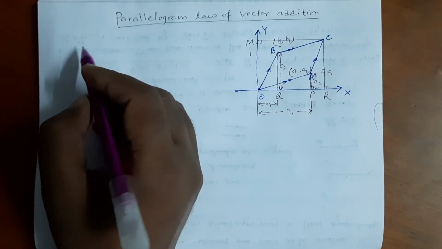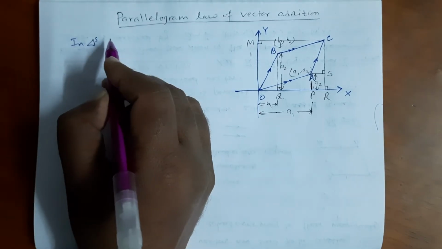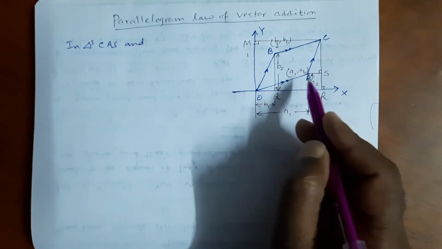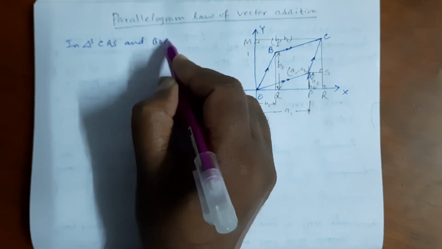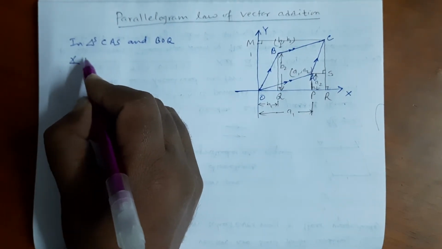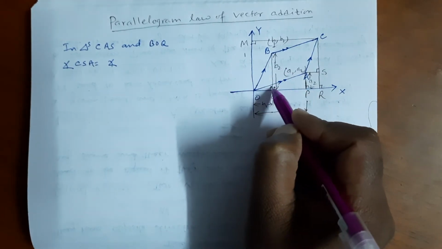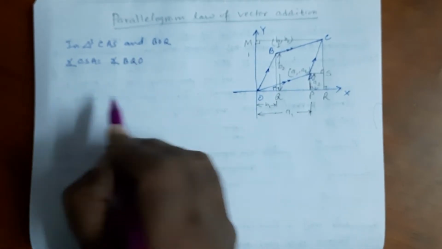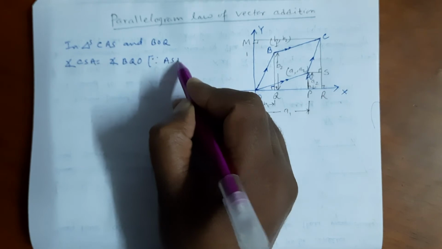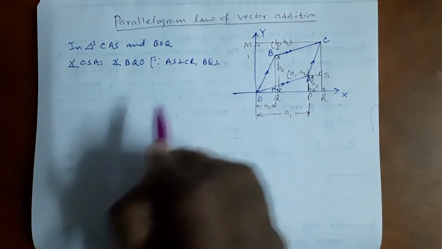Now in triangles CAS and BOQ, in these two triangles, angle CSA equals angle BQO, because AS is perpendicular to CR and BQ is perpendicular to OX.